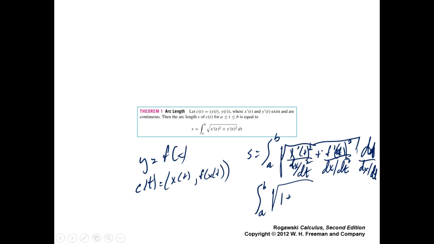When you do this, this then gives you your f prime of t.